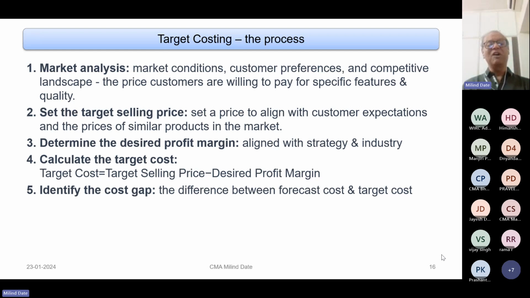Reduce your forecast costs, not on an A4 size paper, but by doing a lot of work, close the gap. Especially if the gap is negative, that means if the forecast cost is higher than the target cost, you have to close out that gap.